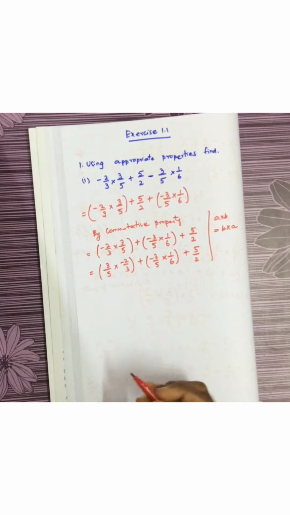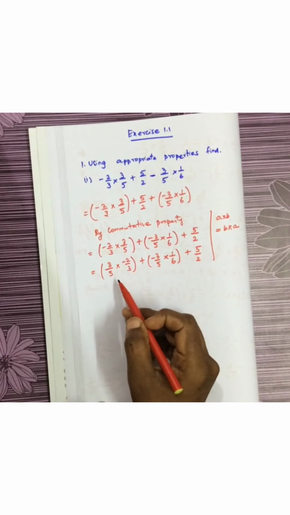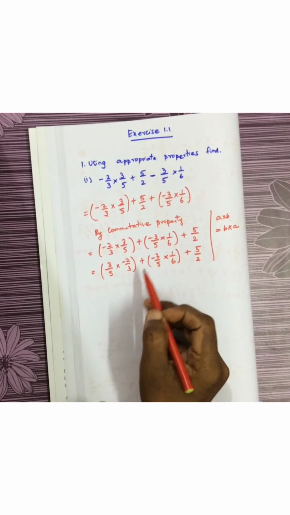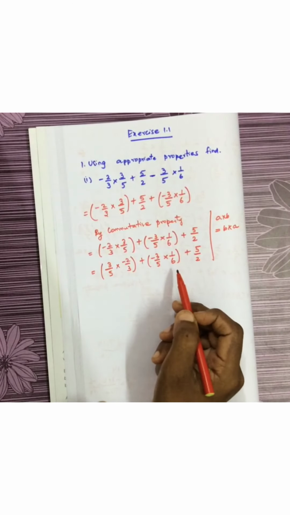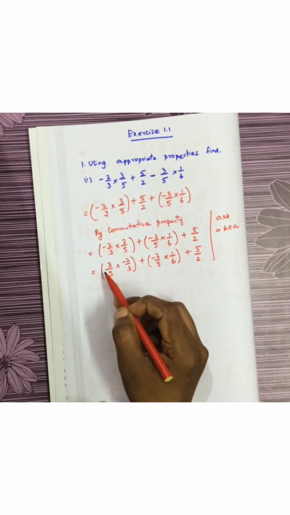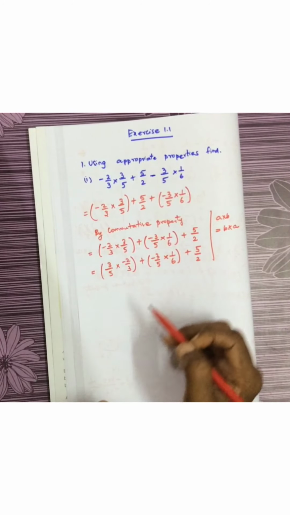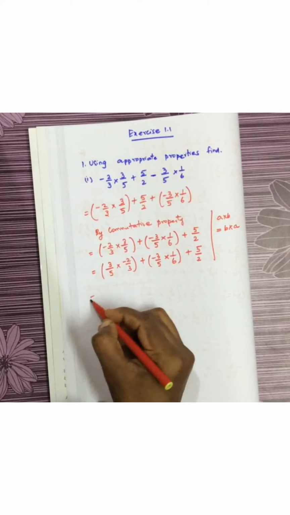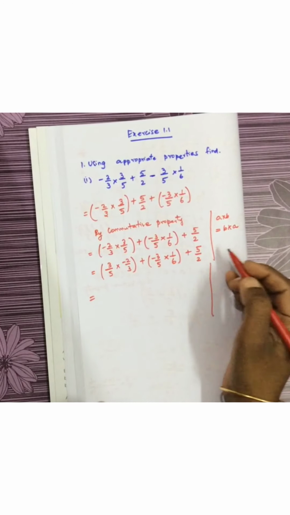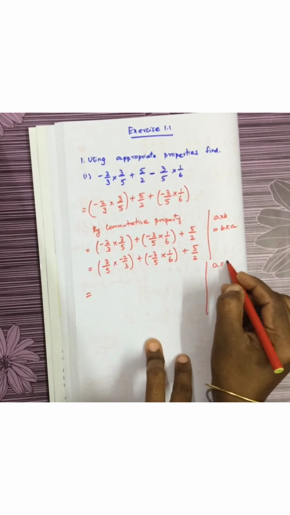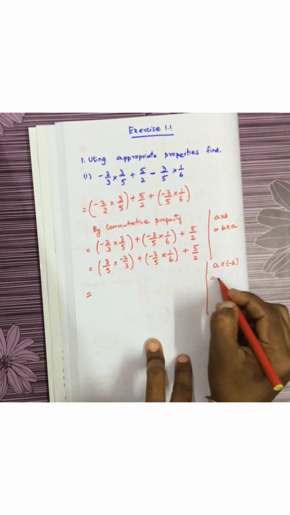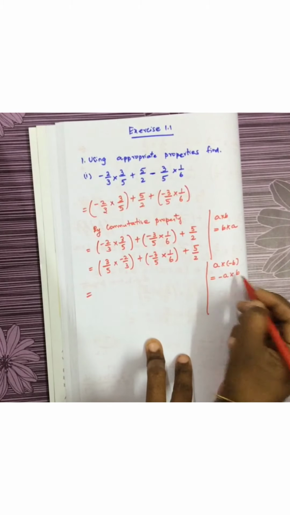Now we can see it is somewhat in the form of the distributive property, a multiplied by b plus a multiplied by c. But the problem here is that a here is 3 by 5 and a here is minus 3 by 5. So what I am doing is, you know that a multiplied by minus b is equal to minus a multiplied by b.